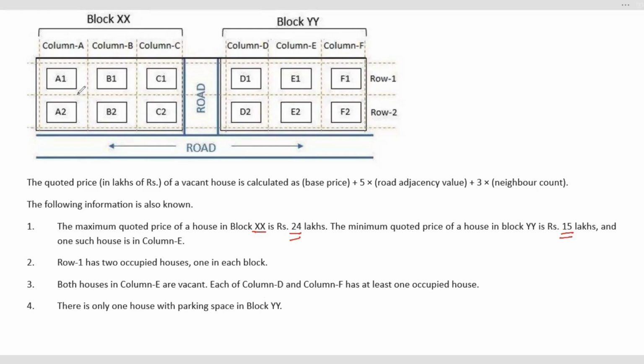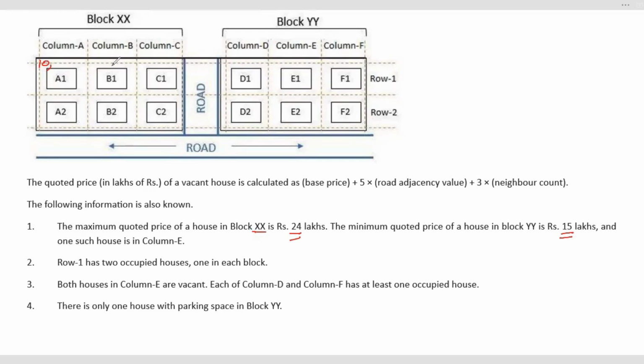Now, I will try to find out these different possible values. Like A1, try to calculate this A1. A1, 10. Without parking, I am counting first. 10 plus neighbor count, if it is 0, so it should remain 10. So 10 is the bare minimum price.